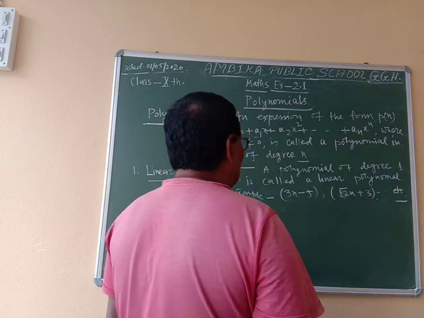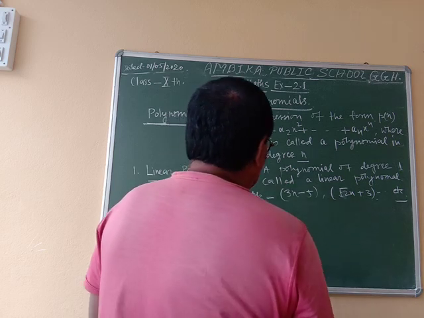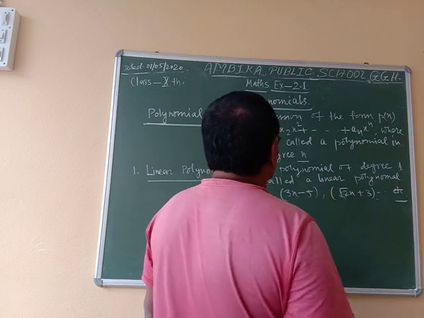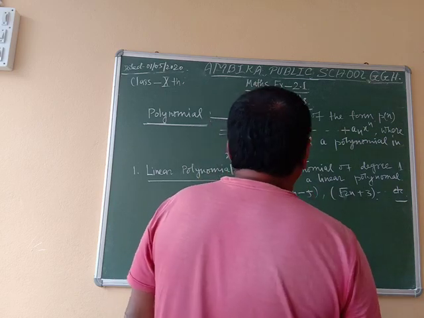A polynomial of degree 1 is called a linear polynomial. Here x to the power 1, so it is called a linear polynomial.